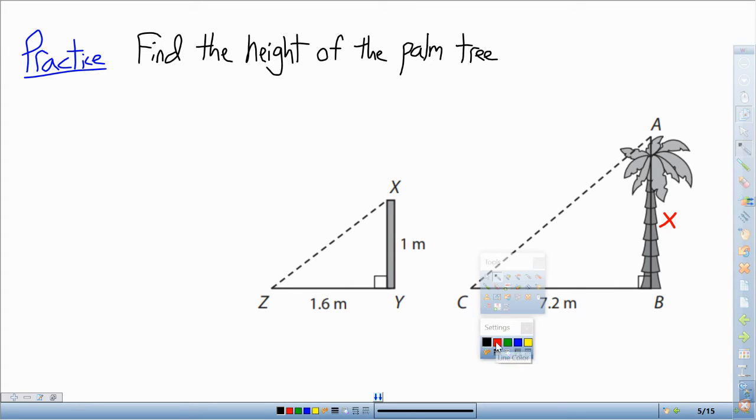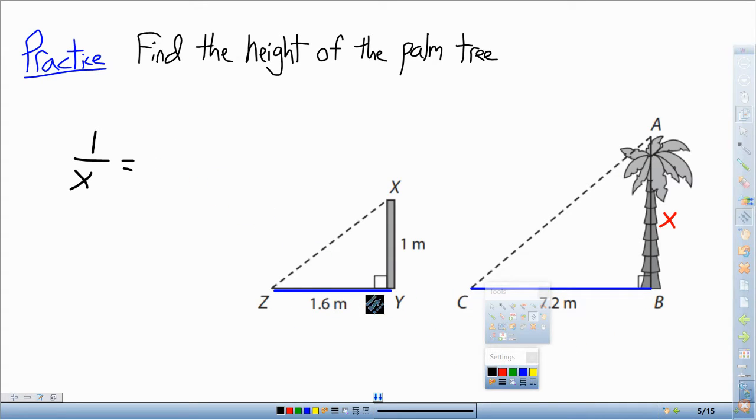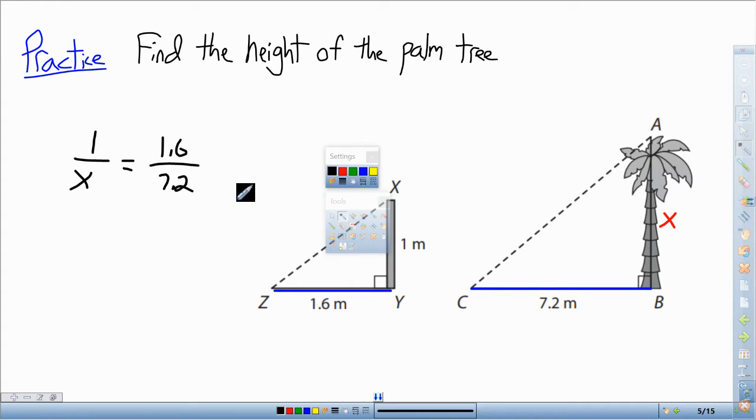I'm going to start with my wall and the height of my palm tree. That's going to be my first ratio, and I'm going to work left over right. So 1 over x is my first ratio, and I know that's going to be equal to the ratio of the other two corresponding sides, the shadows. Left over right, 1.6 over 7.2. Let's cross multiply.